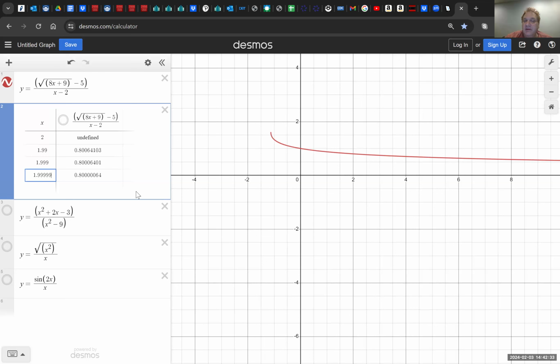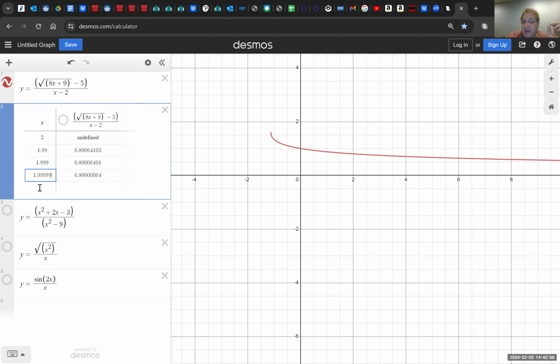So here's a sequence of numbers that are getting closer and closer and closer to 2. And you can see on the y values that 0.8006, 0.80006, 0.8000006 appear to be getting closer and closer and closer to 0.8.